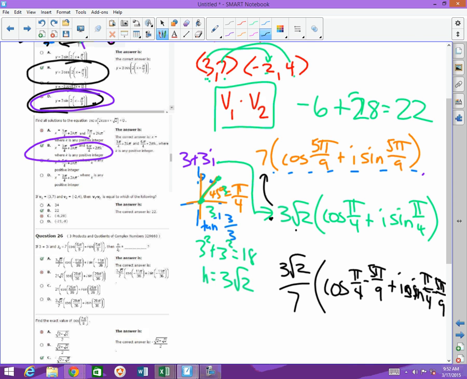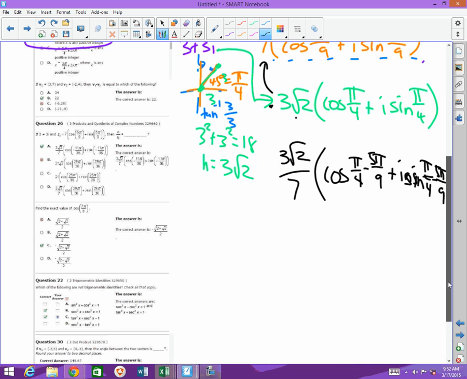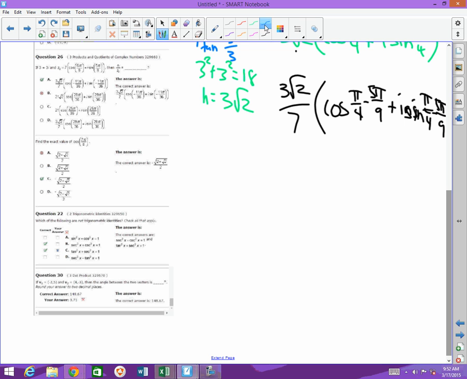And then you simplify that and get an answer, which, okay, pi over 4 minus 5 pi over 9, the common denominator is 36, so that's going to be 9 pi minus 20 pi, which is a negative 11 pi over 36. And so that's why it is this one right here.